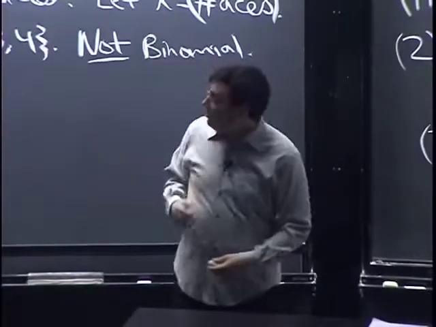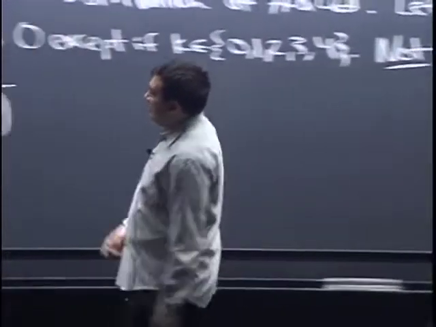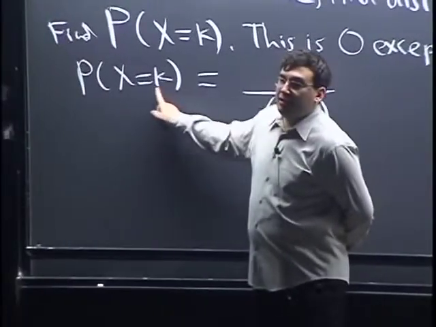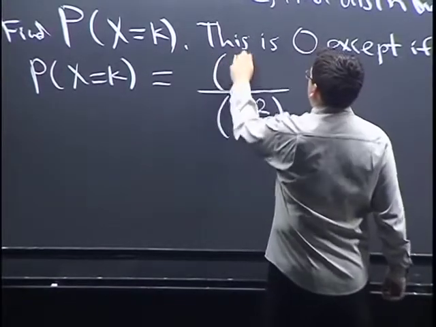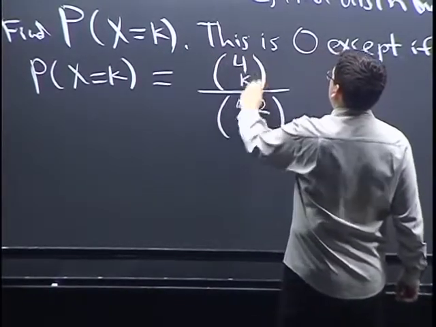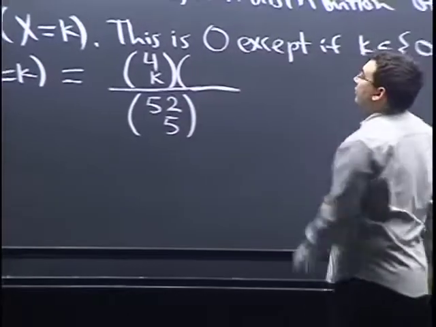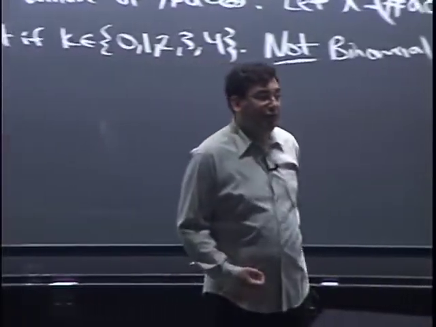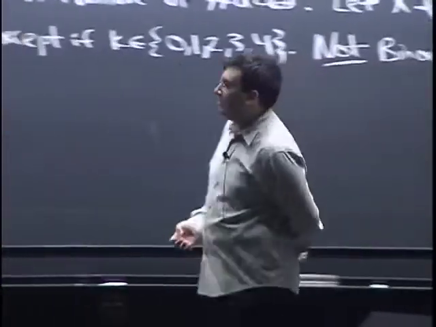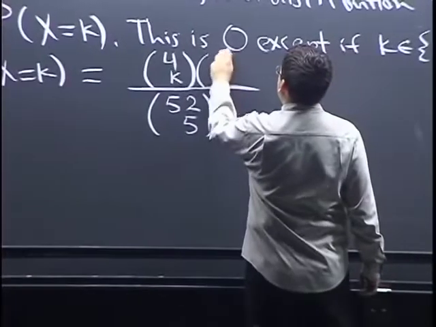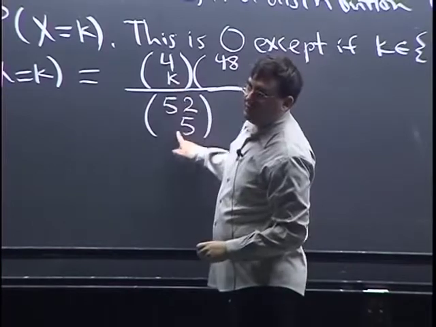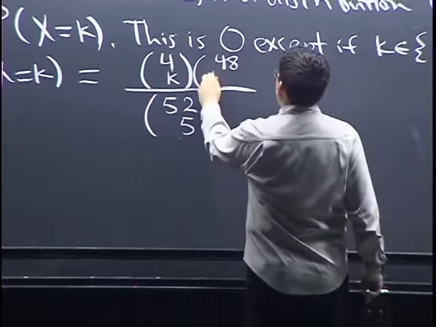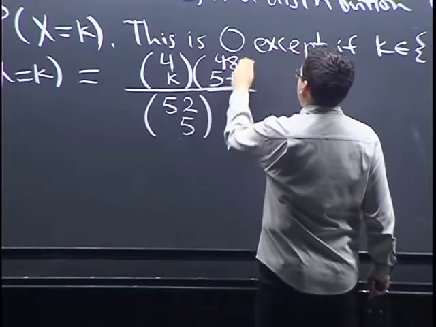Now we want to know the probability that the number of aces is equal to k. Well, there are 4 aces in the deck, and we need to choose k of those aces. There are 48 non-aces, and if we have k aces in 5 cards, we have 5 minus k non-aces.